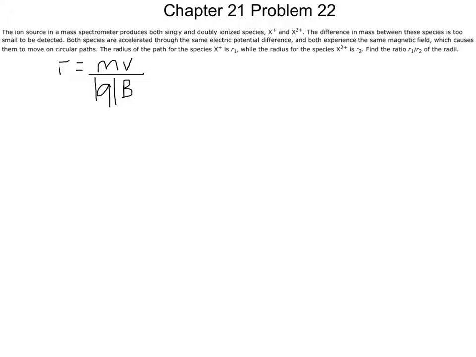So, for an electric potential difference, V, and a charge Q, the electric potential energy lost would be Q times V, V representing the potential difference. And make sure this is the velocity or the speed, and this is the potential difference.